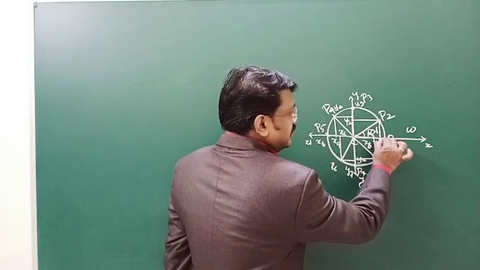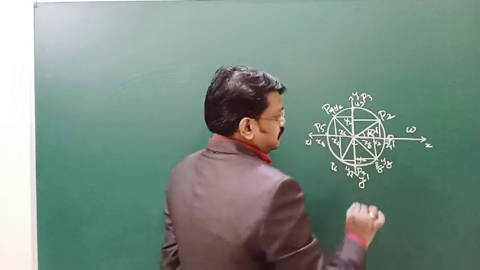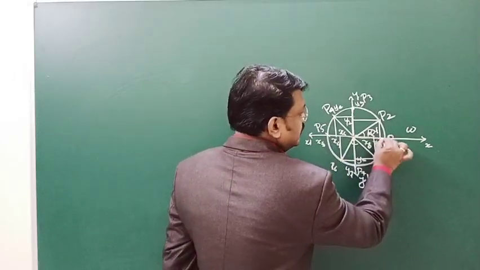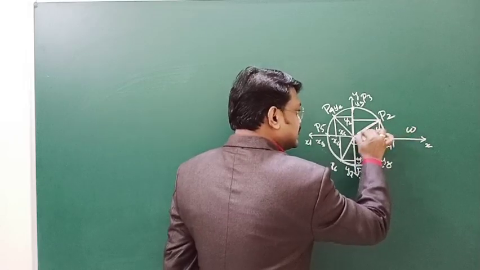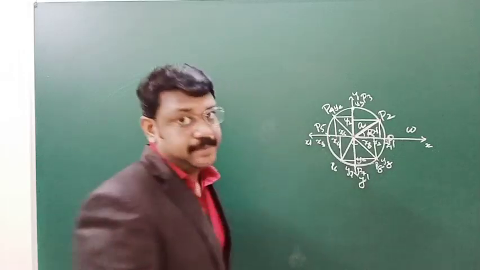First of all, you see the x coordinate only. Suppose the radius is taken as small a.